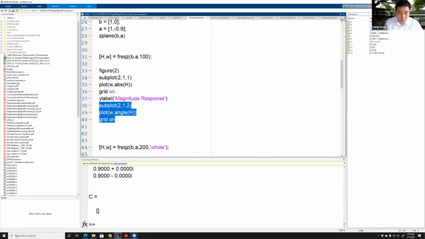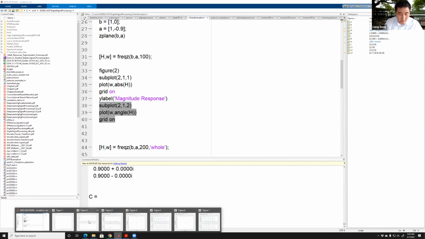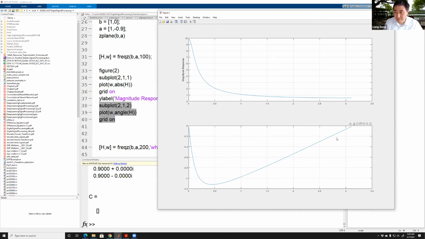Phase of capital H. That gives me a nonlinear phase. This is a very simple filter, just one pole. However, it's not ideal, in the sense that it's not ideal in magnitude. It's not ideal in the phase term because phase is nonlinear. And I really like to have a linear phase, just one straight line.